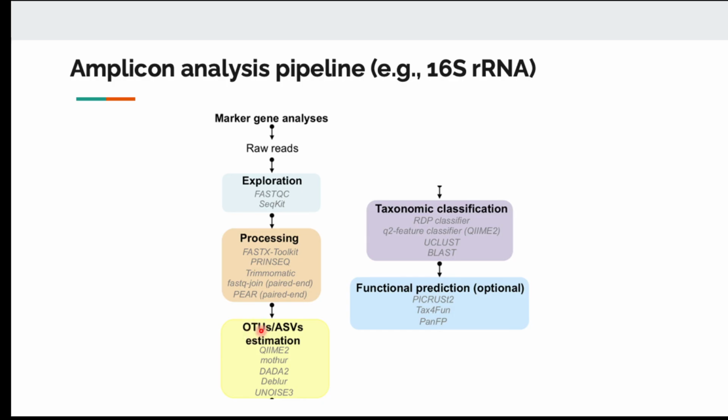So the step of OTU estimation here is where you reduce the redundancy. If you have sequencing reads that are almost identical, you're going to collapse them. Instead of aligning all of them, you collapse them. And then you might have, let's say, instead of 10 million reads, 500,000 that you need to do the alignment. So this will reduce the computational time.